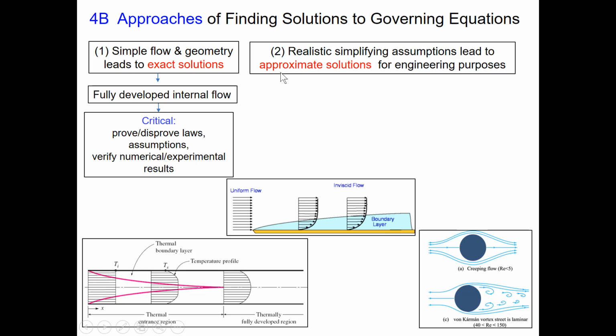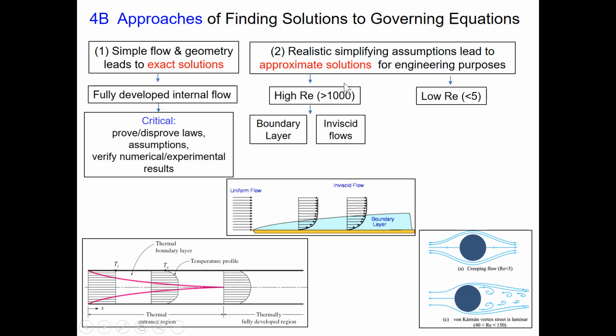On the other hand, for approximate solution, it really depends upon the Reynolds number. For very high Reynolds number, we can separate or couple the boundary layer flow and inviscid flow to simplify the governing equations.